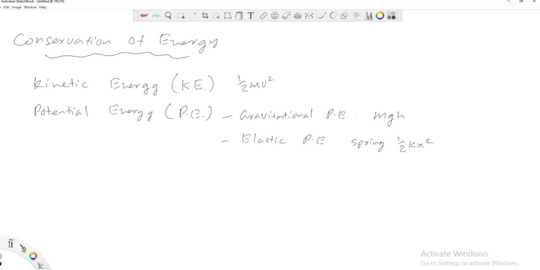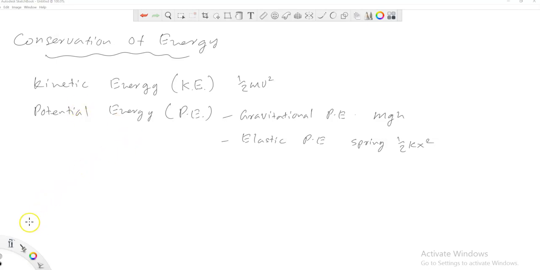So if you think about these two forms, kinetic and potential energies, let's take an example. Say that we have some mass, a couple of kilograms, and we lift it off of the ground.